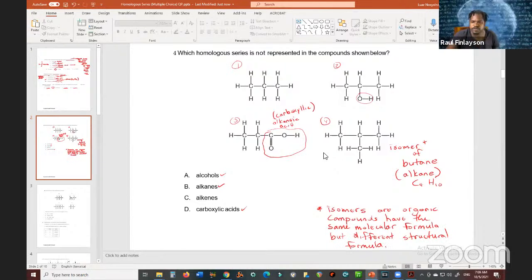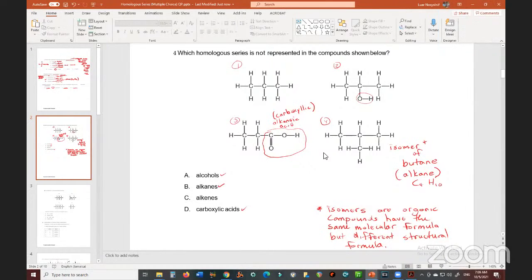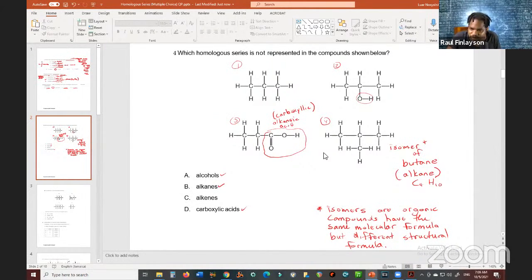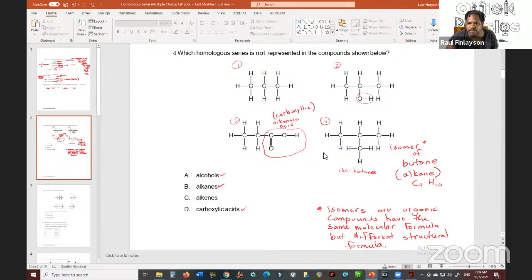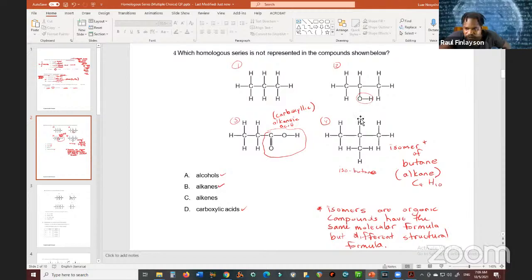All right. Any questions about this? No, sir. All right. So in some books, this would actually be called isobutane, to signify that it's an isomer of butane. So it's butane, but an isomer of it.